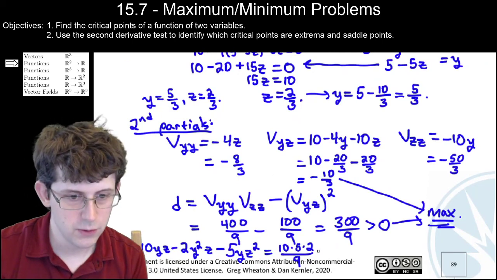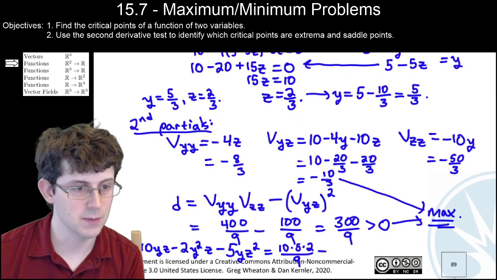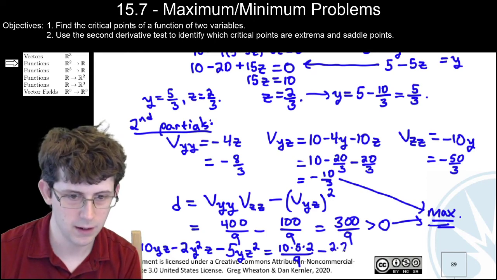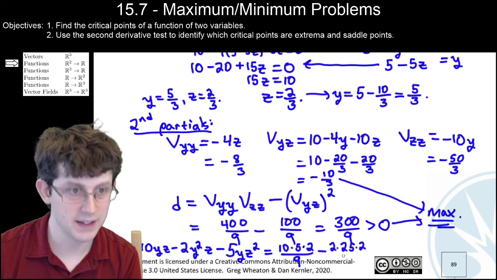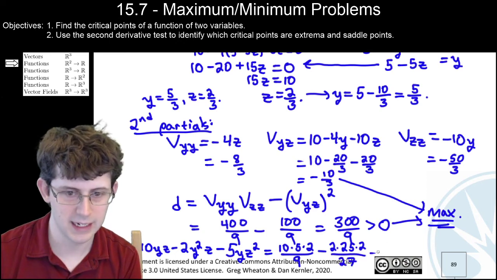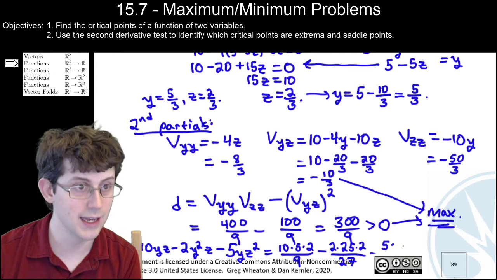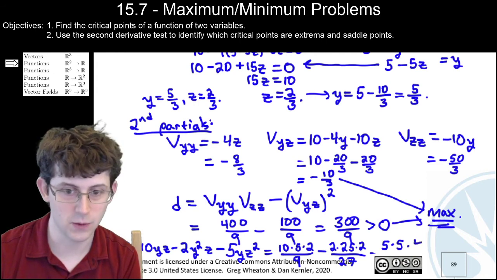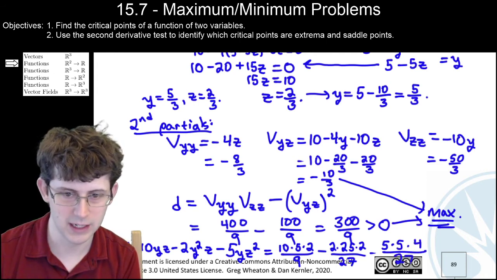And then 2y squared z. Okay, so that's going to be 2 times 25 times 2 on top. And the denominator has 3 3's, so 27. And then minus 5 times y times z squared. And the denominator is 27 again.